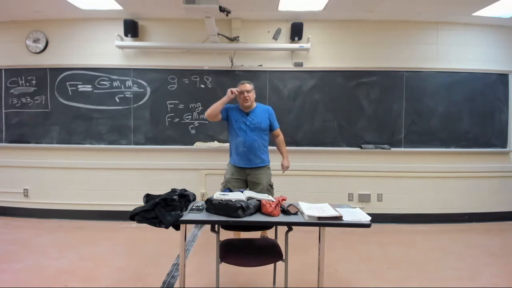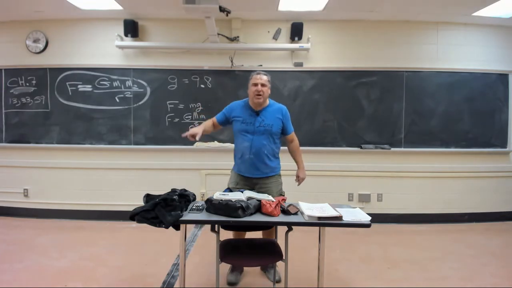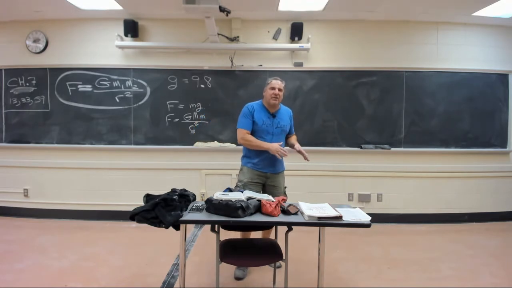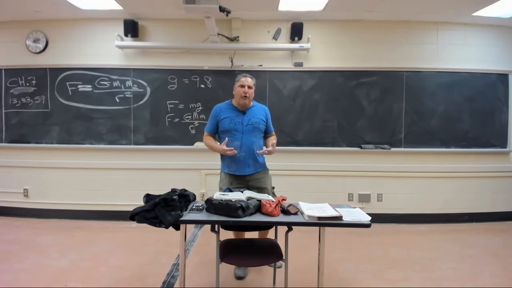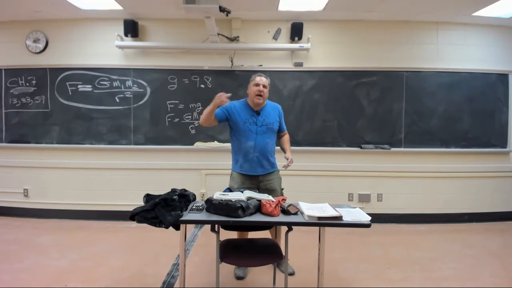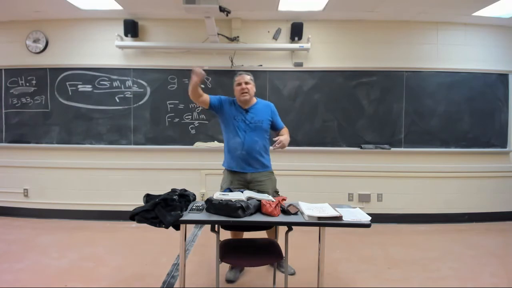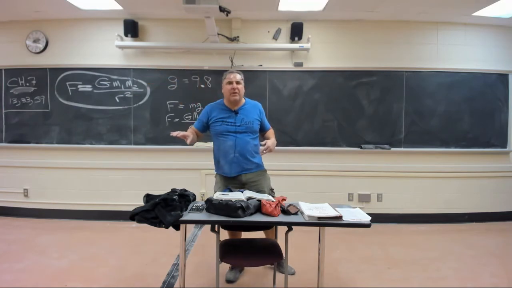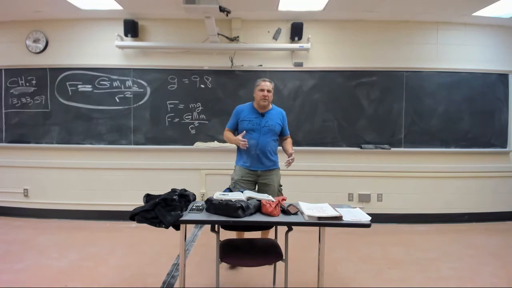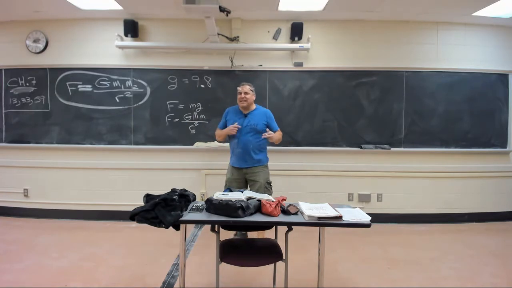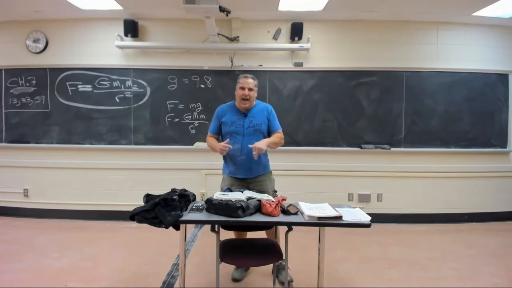Remember, every object pulls on every other object as though it's pulling from its center of mass. The entire Earth pulls on other objects as though it is pulling from its center of mass, at the center of mass of some other object out there. Well, what's the distance between myself and planet Earth?